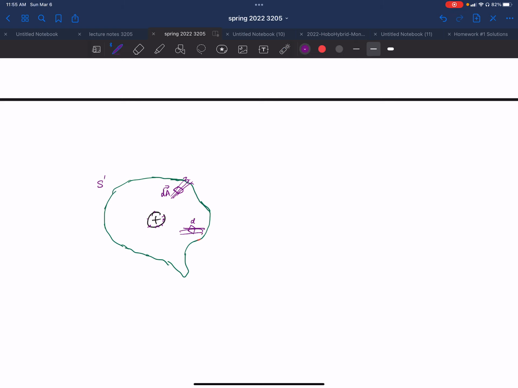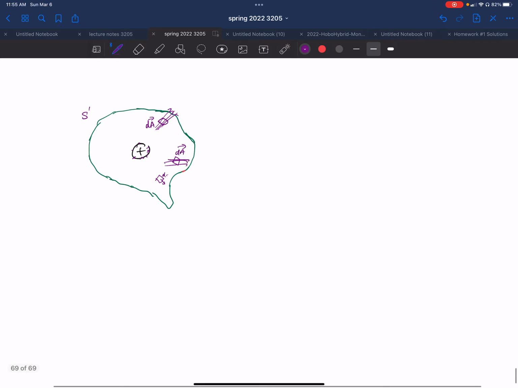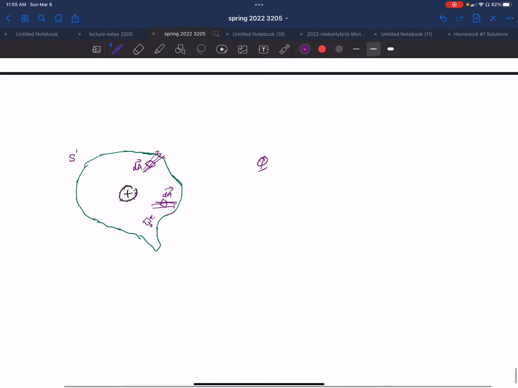So here this area would have its own lines going across it, and this area would have its own lines going across it. This equation we have, phi sub S prime, defined as the lines crossing S prime, still holds: it's the integral of E_R dot dA times C, our constant.